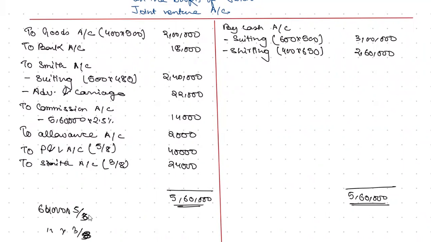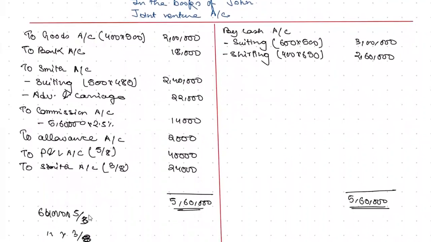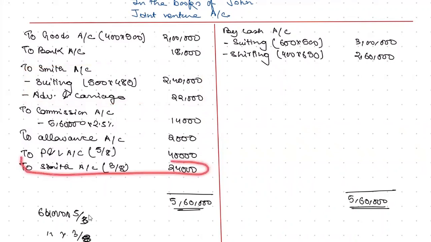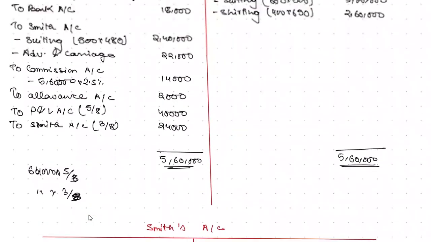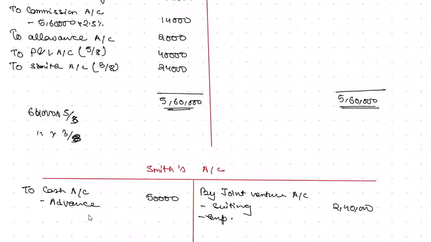Now we'll move on to Smith's account. This is the part which will go to Smith's account. So I can write by joint venture account. One was for suiting. What was the amount? 2,40,000. And there are some expenses as well, 22,000.